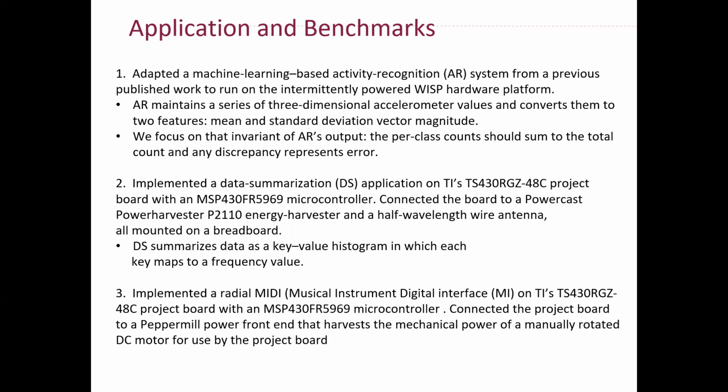So the structural invariant for DS, which the test harness checks after each sorting step, is that each key should appear exactly once in the histogram. If that check fails, the histogram is in an inconsistent state and DS halts, illuminating an LED to indicate the error state. So you are taking values, and after every 20 insertions, you're doing an insertion sort. Both of these programs had the same paradigm, that they were essentially counting programs.